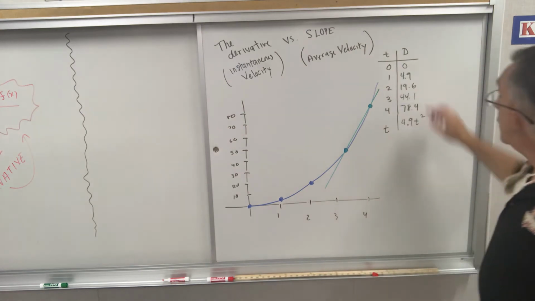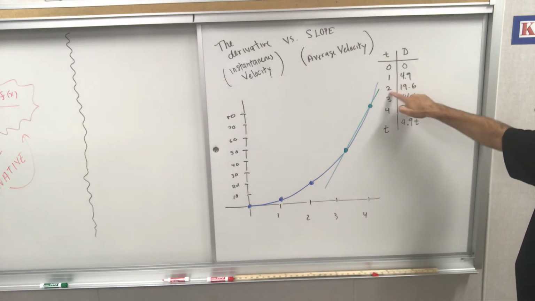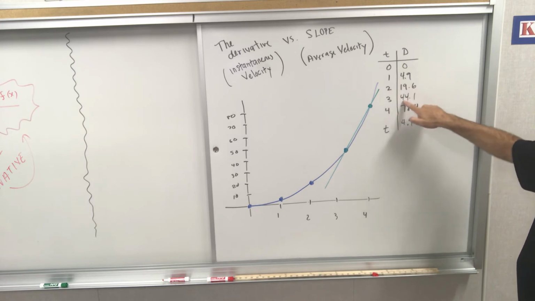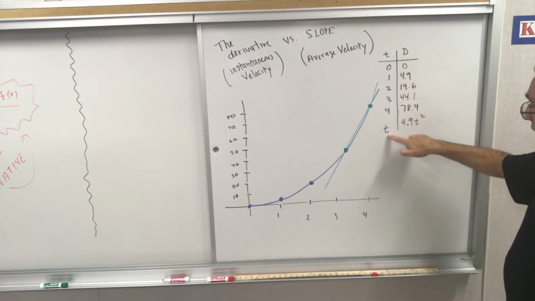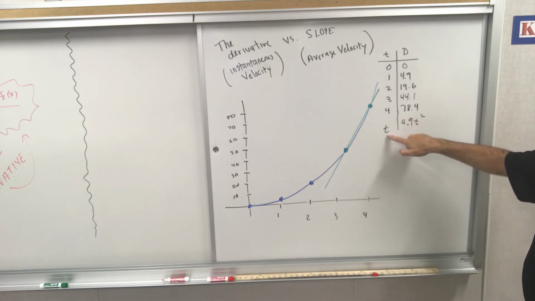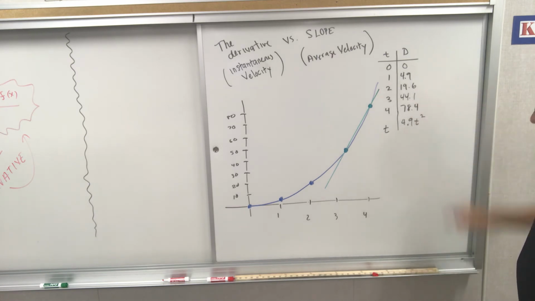After experimentation: 1 second, 4.9 meters; 2 seconds, 19.6; 3 seconds, 44.1; 4 seconds, 78.4; and at t seconds, we realize it's 4.9 t squared. That's how you get these numbers.